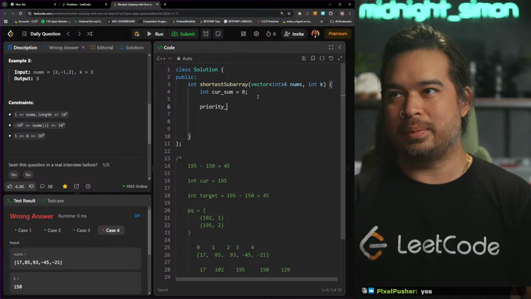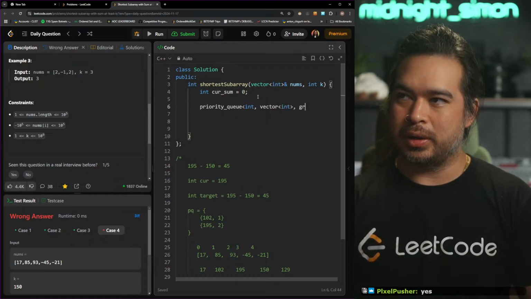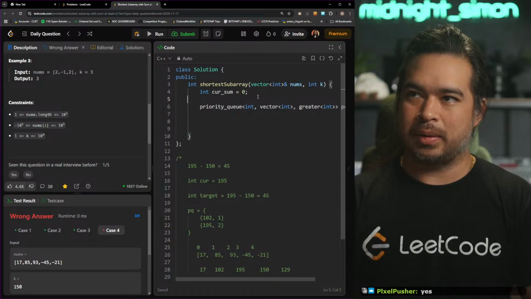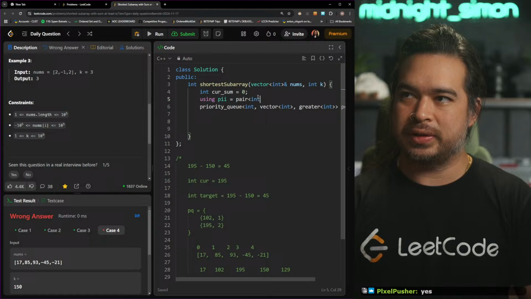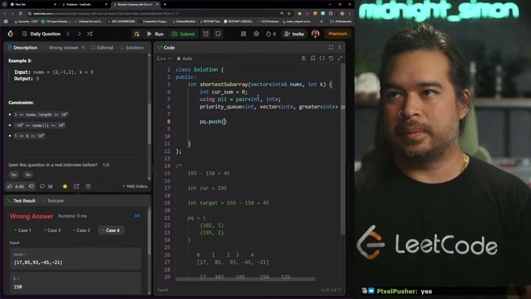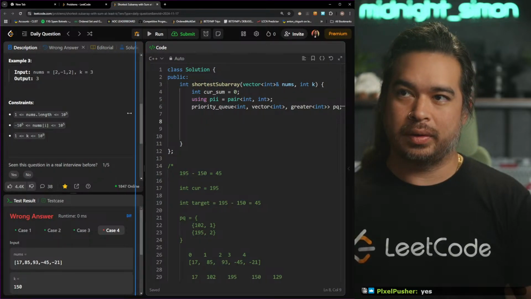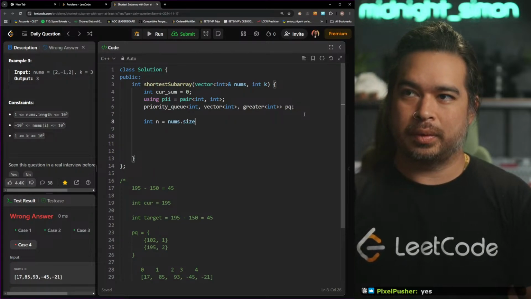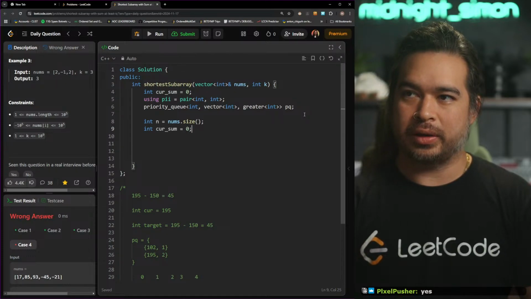So priority queue, this is with the smallest thing on top, but maybe I should have not ints. Maybe I should have pairs. So it's this running sum plus the index that it occurs at. So we need our running sum, current sum, I'll call it.